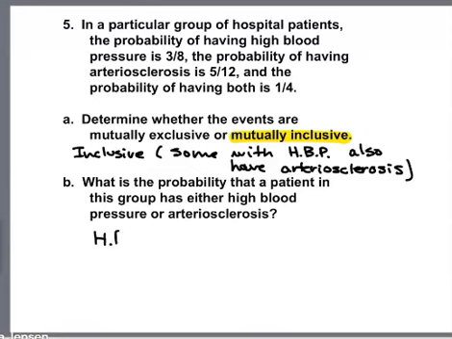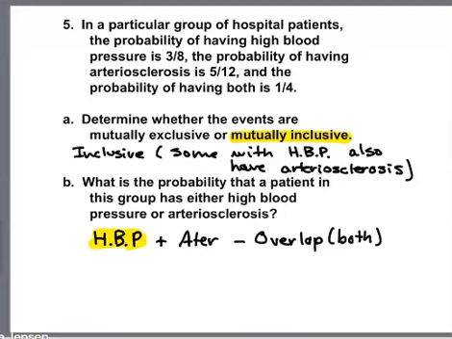So high blood pressure plus arteriosclerosis minus the overlap. So the overlap is all the people that have both. Okay, so high blood pressure, that probability, there are 3/8 of the people have high blood pressure.